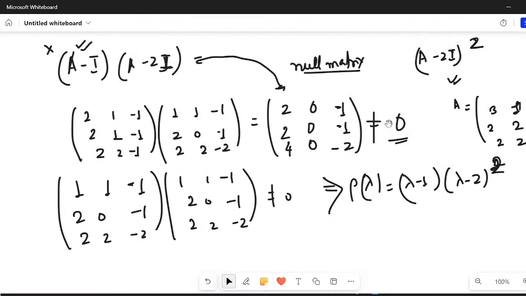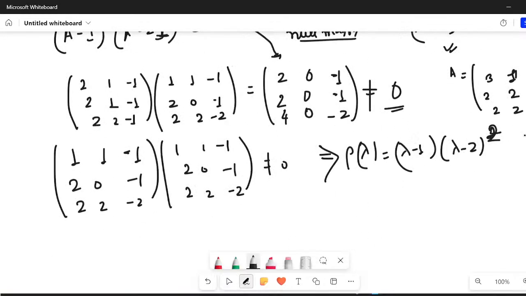But here what you see is that the minimal polynomial has a double root at lambda equals 2. Clearly the minimal polynomial has a repeated root. Clearly it cannot be expressed in terms of linear factors of the eigenvalues.